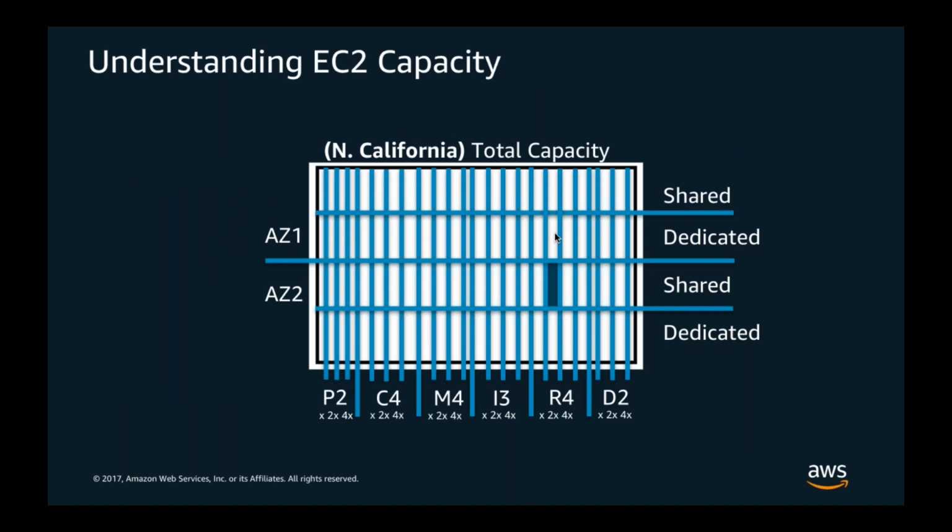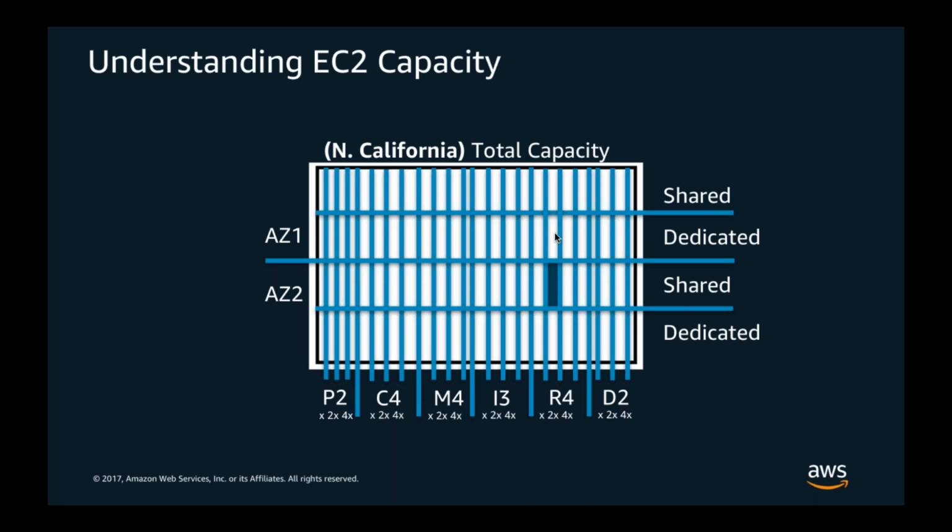So again, to better understand capacity on the AWS end, I have this slide that I'll explain here, right? I've chosen a region in Northern California, the US West 1 region. Every region has at least 2 different availability zones, right?